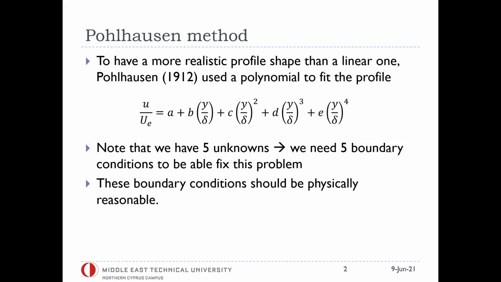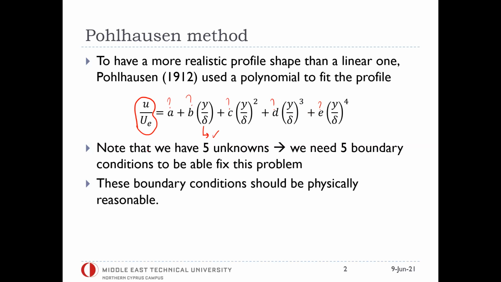So assumed for what? Assumed for the velocity profile. On the left-hand side, we have u over ue, and on the right-hand side, this is written as a function of y over delta. So this is something that we want. But as a fourth order polynomial, we have 5 unknown coefficients here, a, b, c, d, and e.